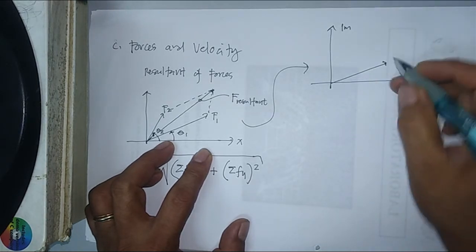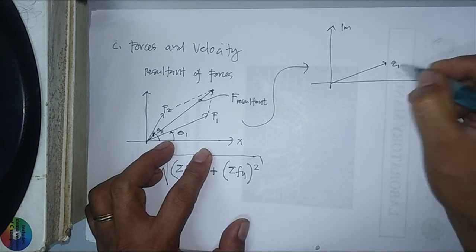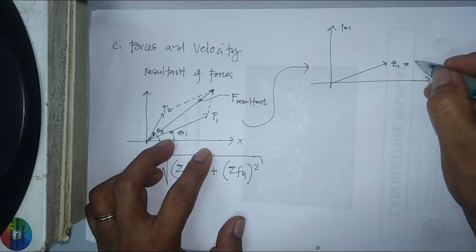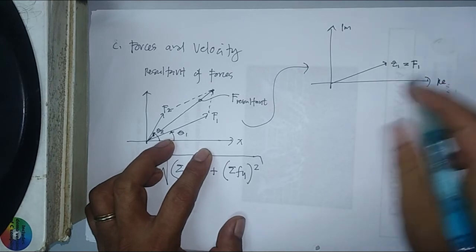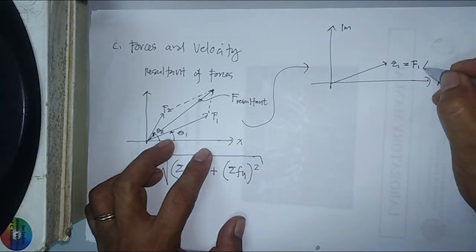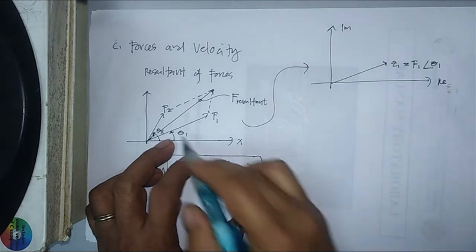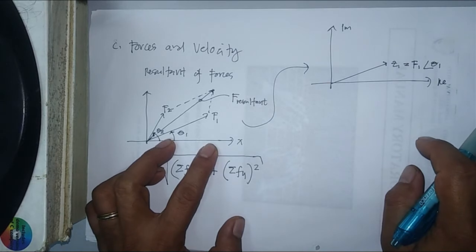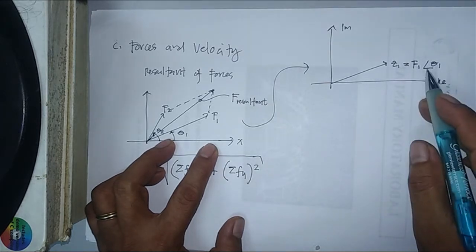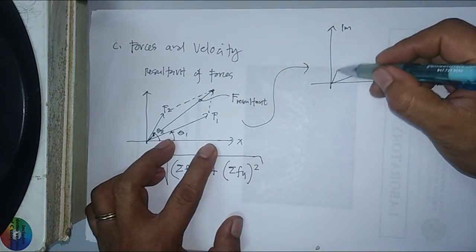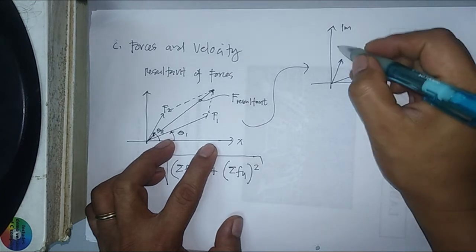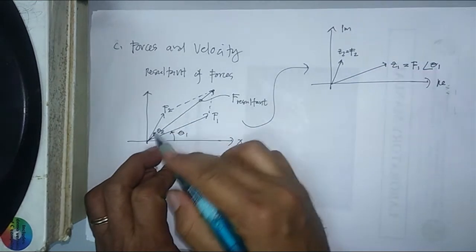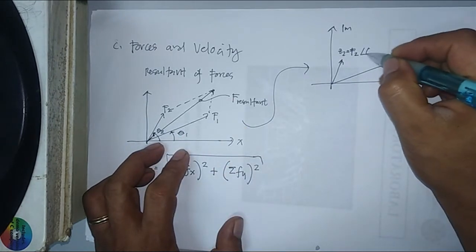I will name this force Z1, and label it F of 1, angle of theta 1, because that is the angle from your x-axis. For your second force, I will label this as Z2, that is F of 2, angle of theta 2.